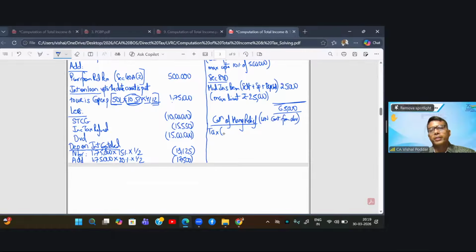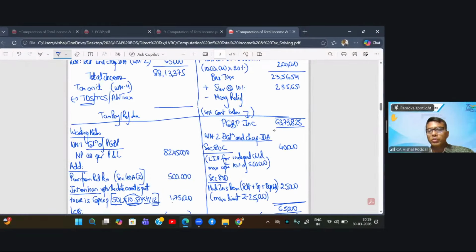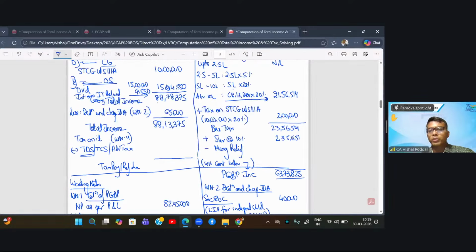You have tax including surcharge. So how much will be your tax including surcharge? So 23,56,514 plus 2,35,651. How much does it come to?